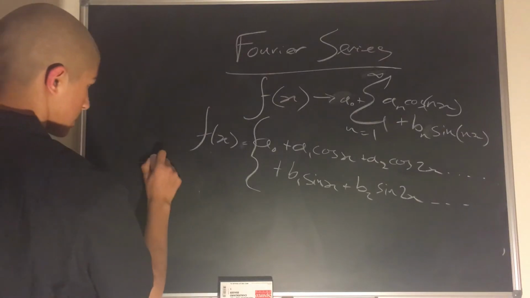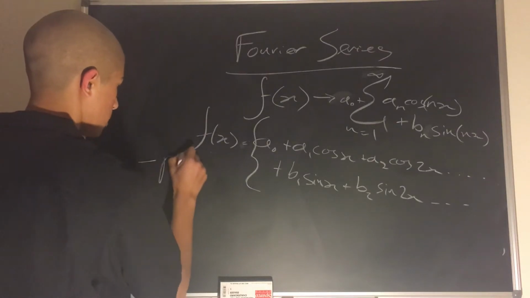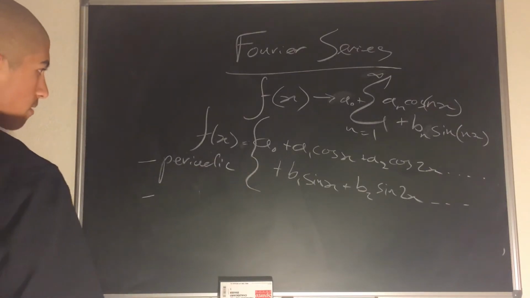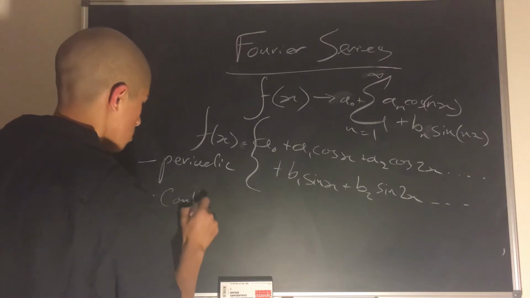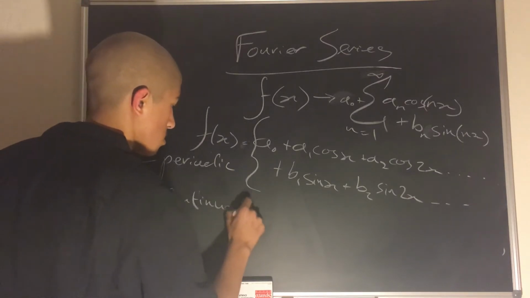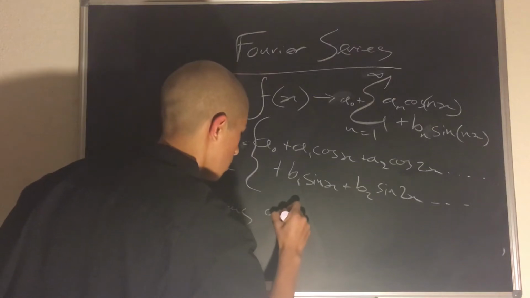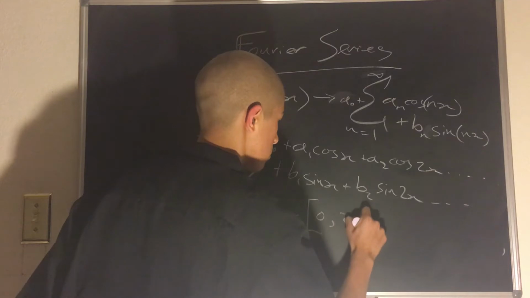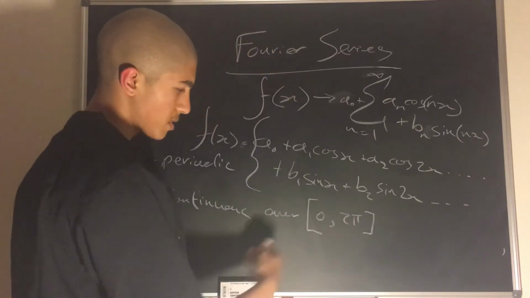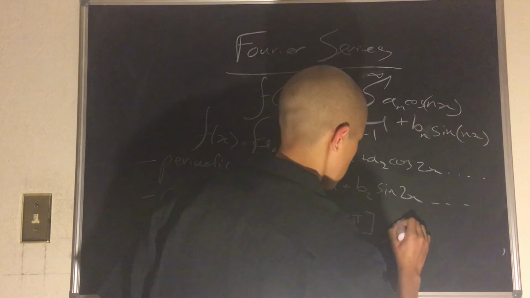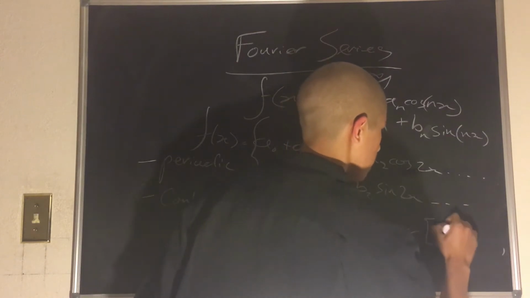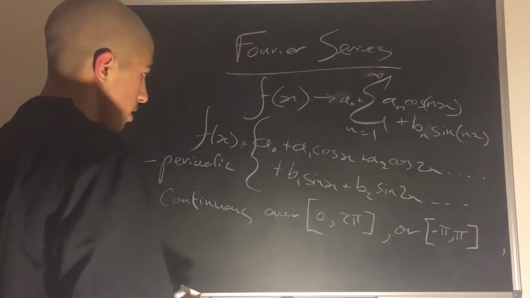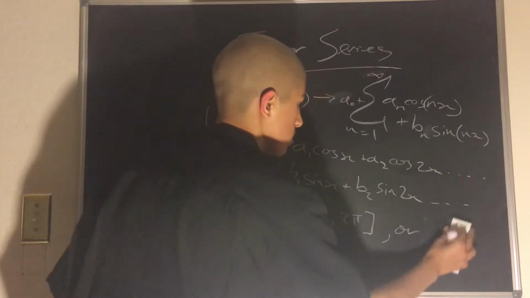Specifically, we must say that f of x must be periodic, and secondly, f of x must be continuous over the interval 0 to 2 pi, and some textbooks say over the interval negative pi to pi, but it doesn't really matter. So we're going to go with 0 to 2 pi.